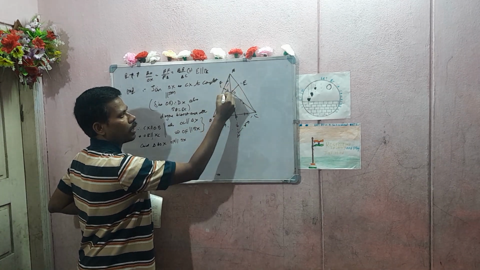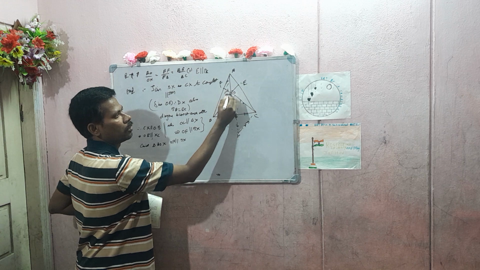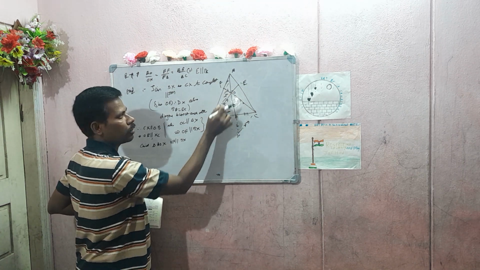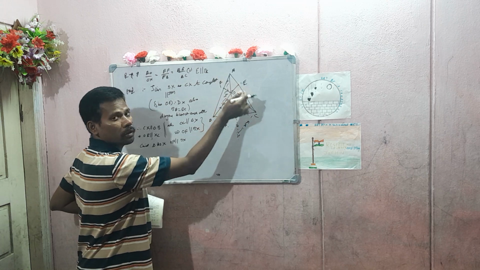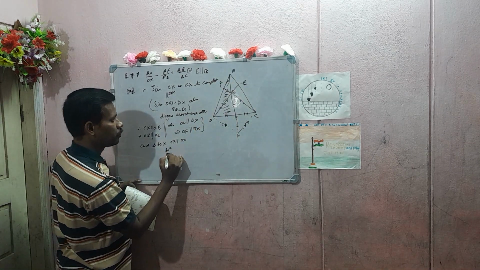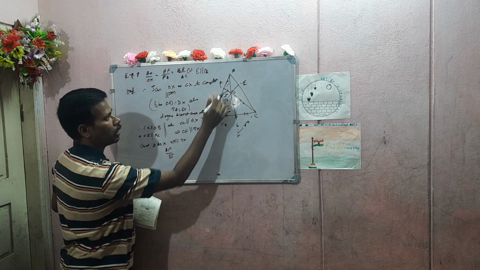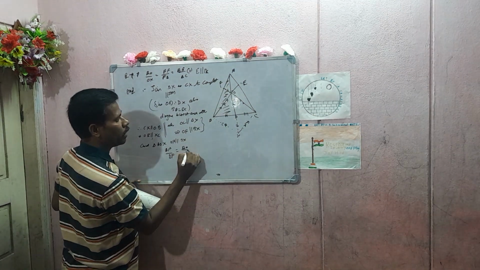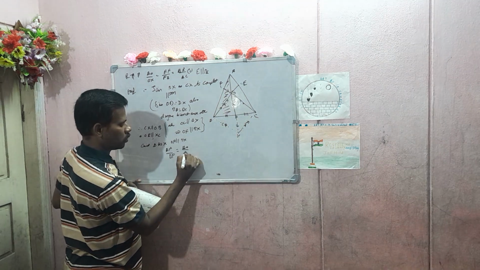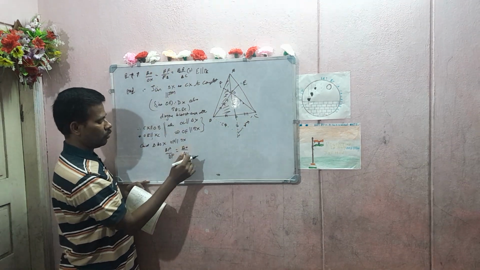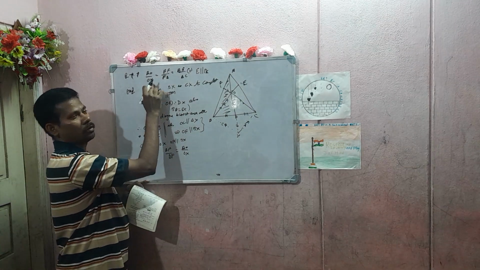For this triangle, OF is parallel to BX. That means AF by BF is equal to AO by OX. So AO by OX is equal to AF by BF. Once it is proved.